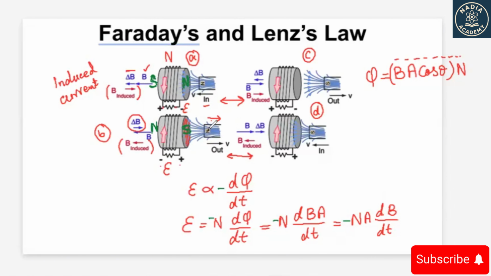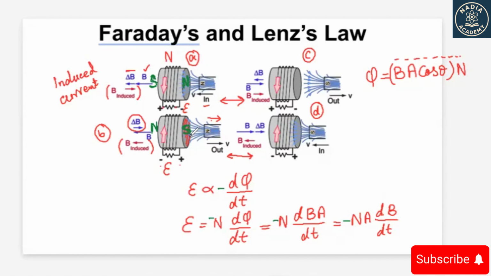So north and south are reinforcing the flux. In simple words, when you are increasing your flux linkage, your coil will try to oppose it, and when you are decreasing it, your coil will try to hold it, meaning try to increase it.